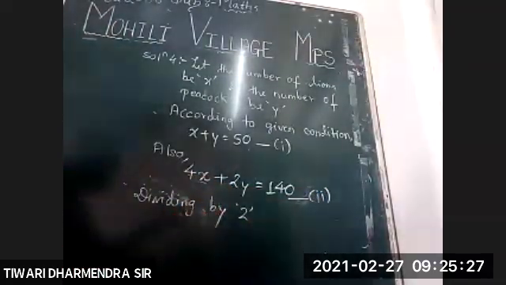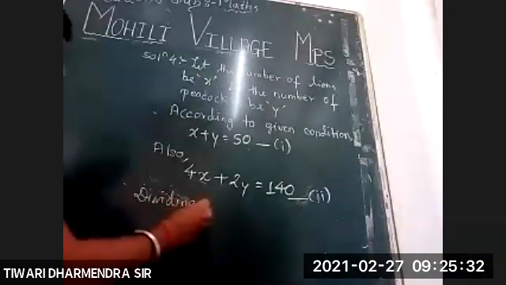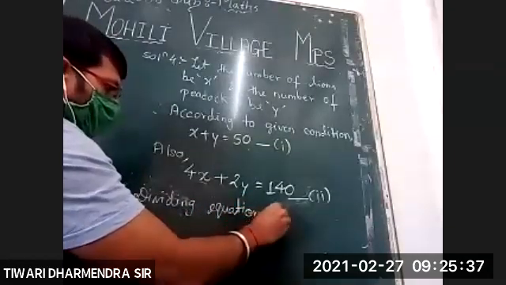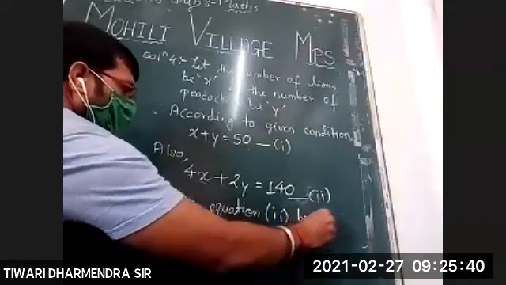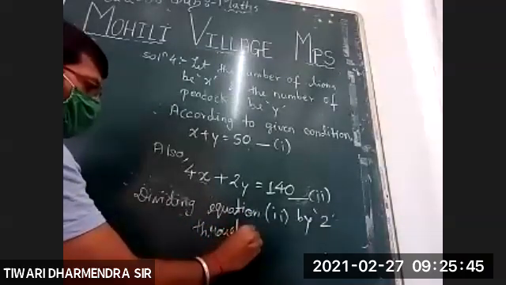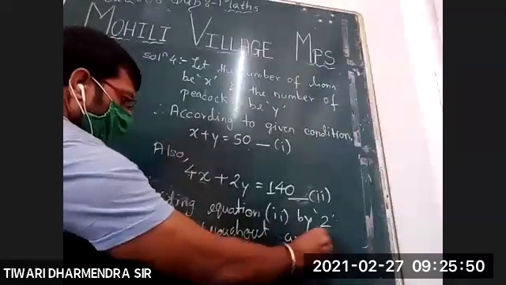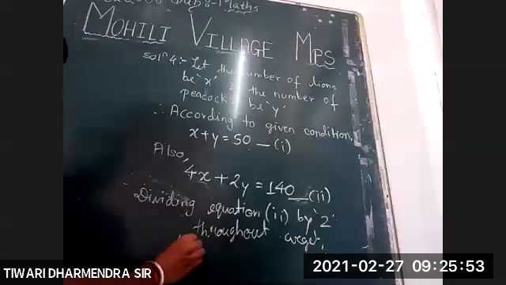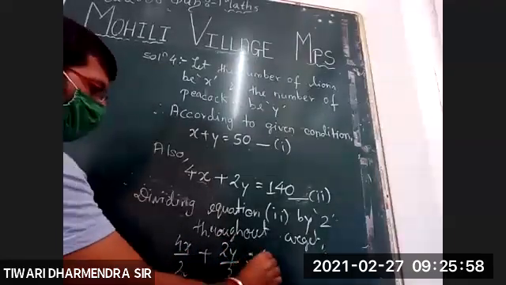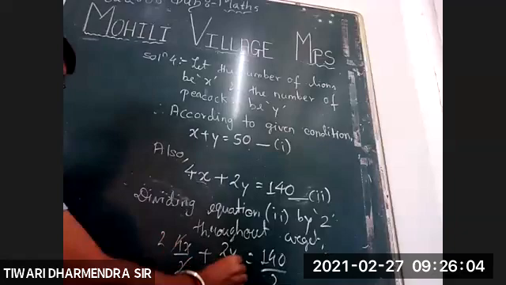Dividing equation 2 by 2 throughout, meaning on both sides, we get 4x divided by 2 plus 2y divided by 2 is equal to 140 divided by 2.